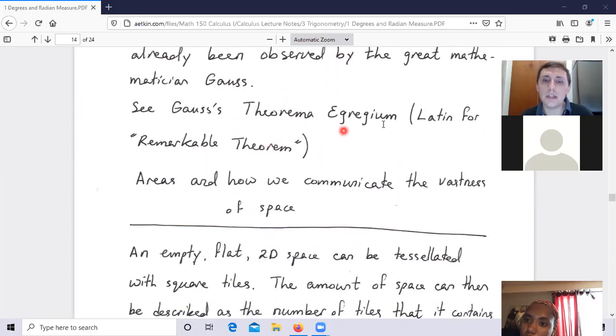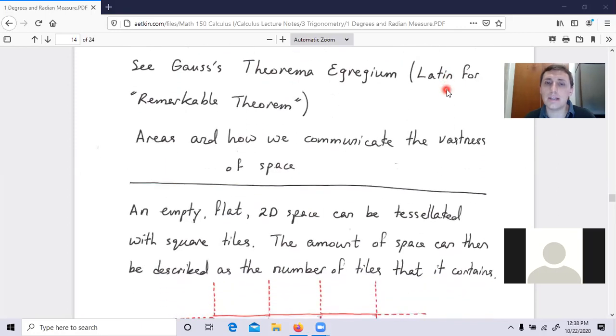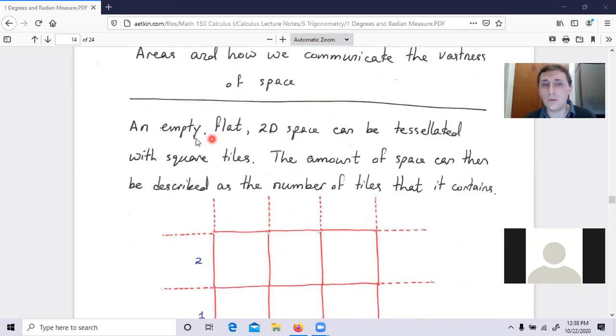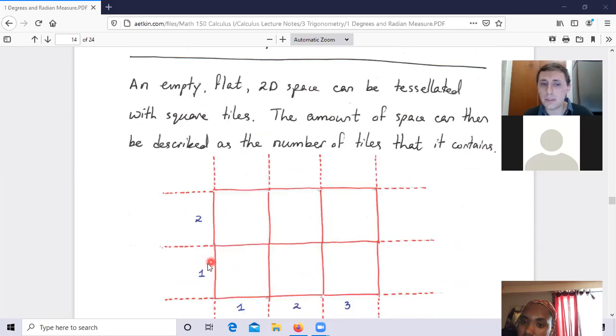So here is the next problem we tackle, guys: areas, and how we communicate the vastness of space. Let's say the square tiling of the floor, a two-dimensional flat space, can be tessellated with square tiles. When you describe how large your room is, you describe how many tiles are covering the space.